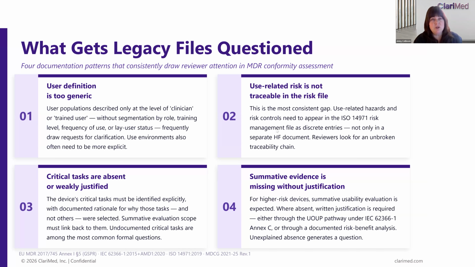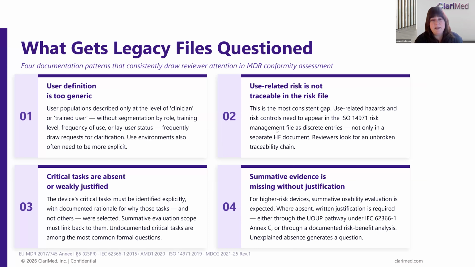Because, of course, if you don't identify them properly, then that can result in an incomplete summative being conducted or an incomplete data set being collected if you're looking at post-market data to support why these risks aren't realised. And that then is an incomplete usability engineering file.